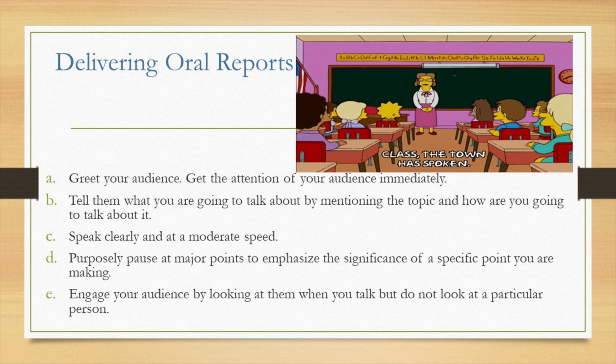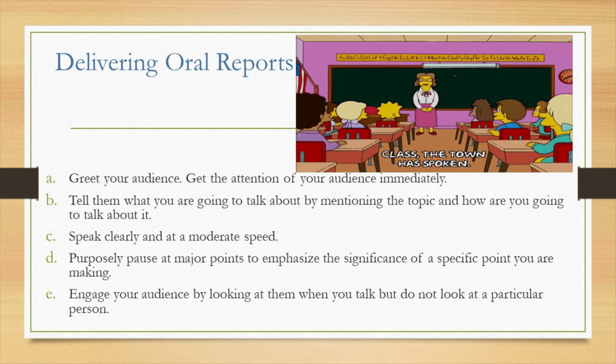C. Speak clearly and at a moderate speed. Do not go too fast. Do not talk too fast. D. Purposely pause at major points to emphasize the significance of a specific point you are making.